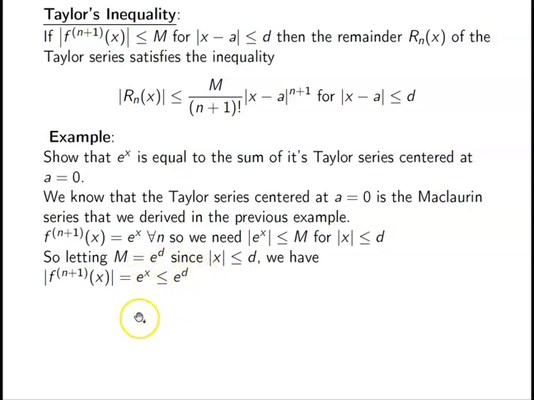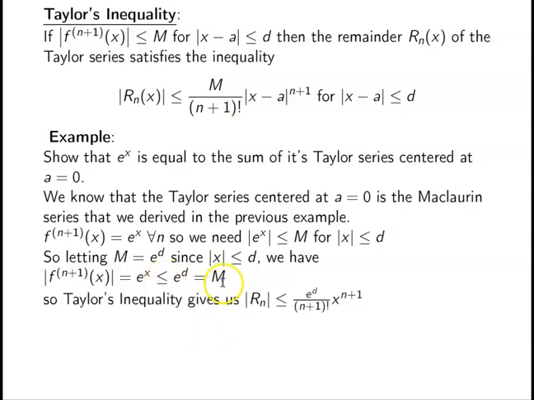And e to the x is increasing, so e to the d is equal to M, which means that this thing is less than or equal to M. Okay? So since that is true, Taylor's inequality gives us that the remainder of my Taylor series is less than or equal to this bound, e to the d, over n plus 1 factorial times |x| to the n plus 1 power, right?